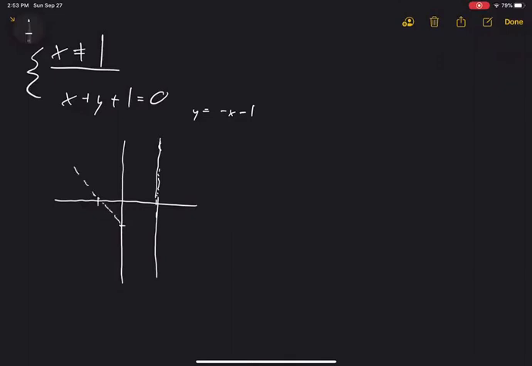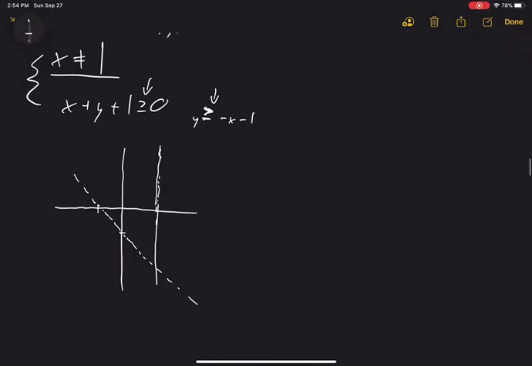Okay, so if I had an equal sign, I would just have this line here. But since I have a greater than or equal to sign, if I had a greater than or equal to sign here, I would have y is greater than or equal to negative x minus 1.